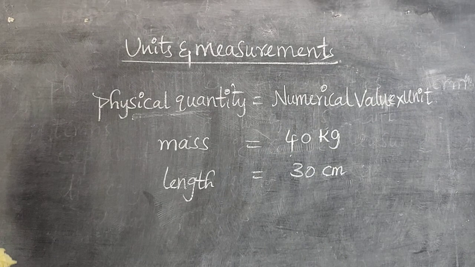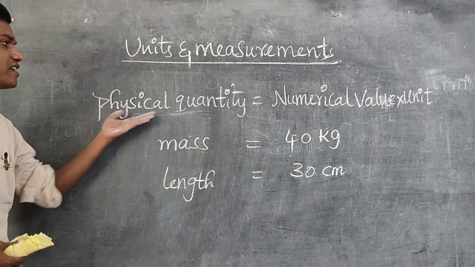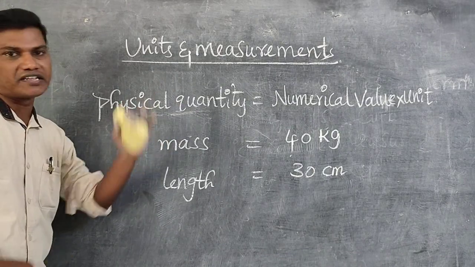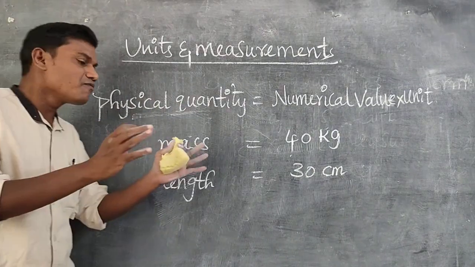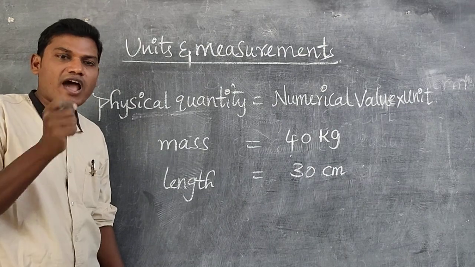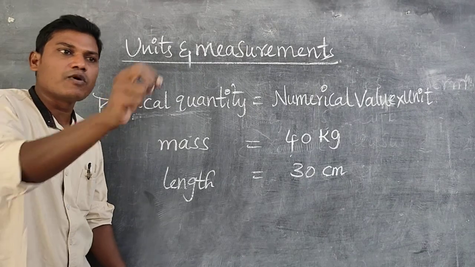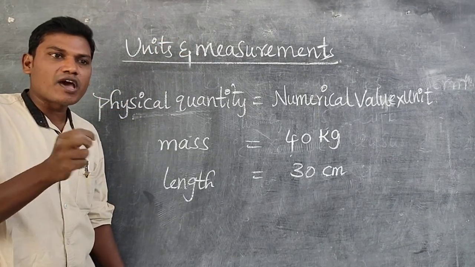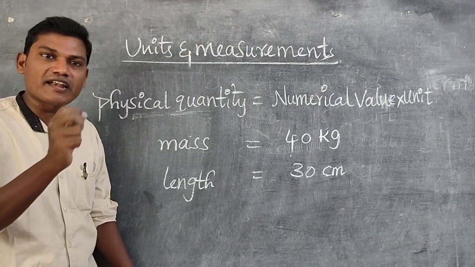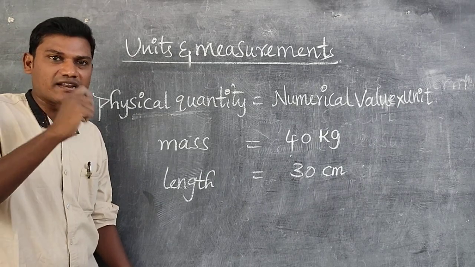But how can we understand? I will tell two examples for understanding the physical quantity concept. For example, in a classroom, if I ask any one of the students, what is your mass? Generally we call it weight, but that is not correct. Some difference is there, which we will discuss in later videos.